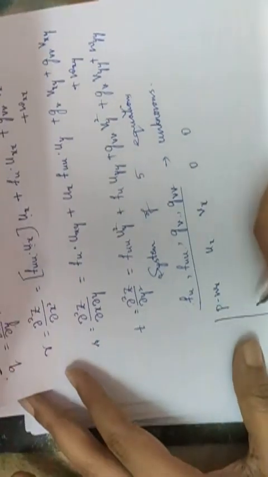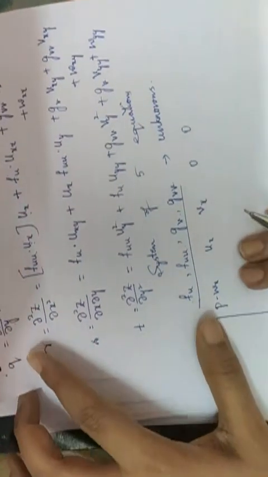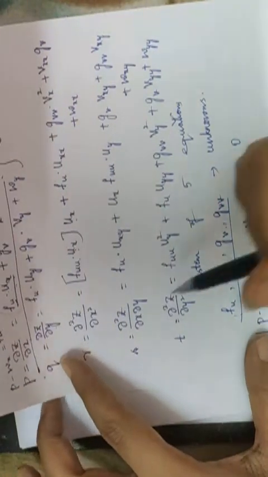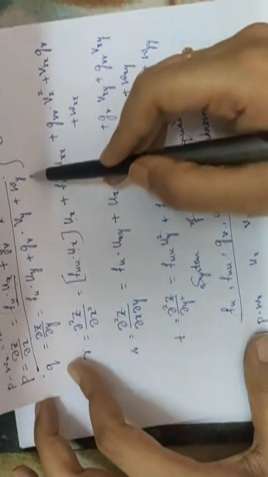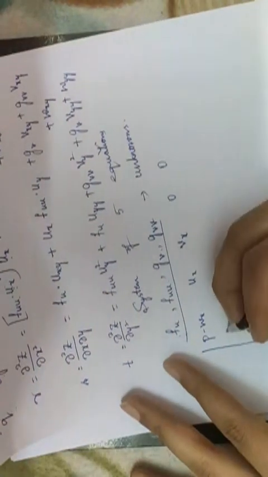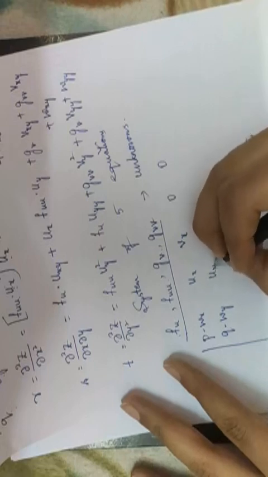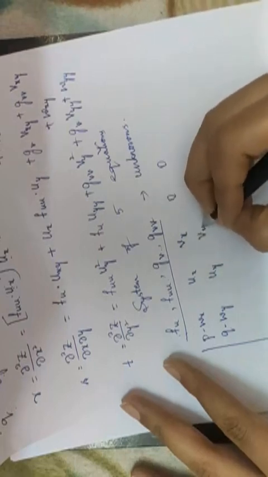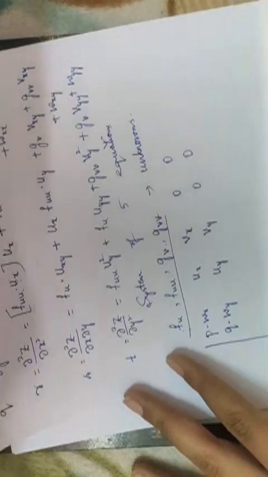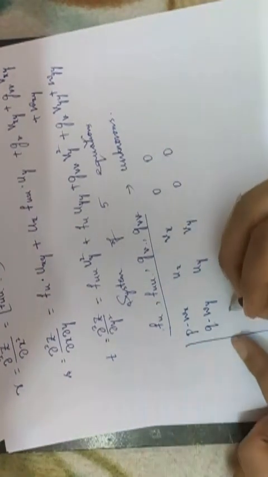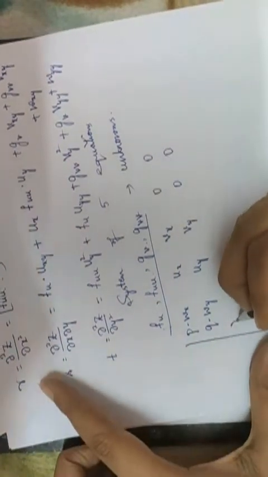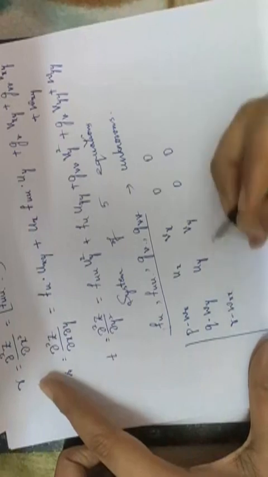Right? So similarly, you can consider the equation q. So this will become q minus w_y, u_y, v_y, 0, 0. Right? So the next one is r minus w_xx.